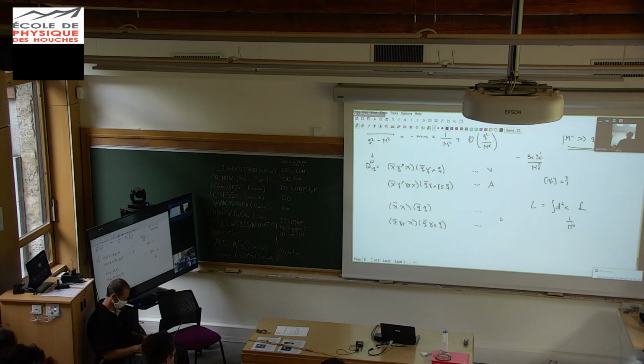So this goes like 1 over m to the 4 from the integration. So there's a mismatch between the 6 and the 4. You need another inverse square of a mass, and that's this one. So for a dimension 6 operator, as we call this, the coupling has to come with 1 over m squared. And we saw this explicitly. That's just the heavy mediator that we integrated out, as we say.